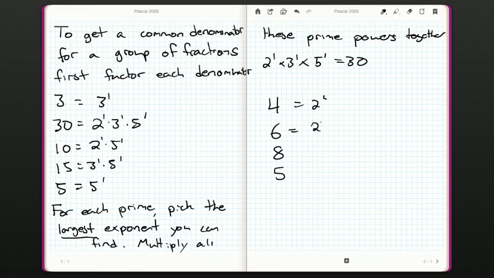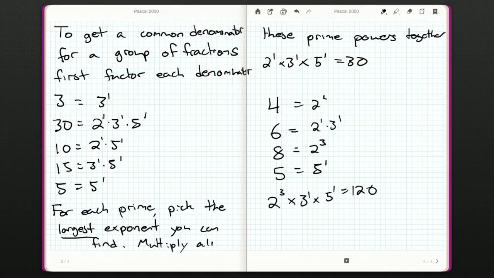We have 2 to the power of 2, 2 to the 1 times 3 to the 1, 8 is 2 to the power of 3, and 5 is 5 to the power of 1. Here we have some 2s, some 3s, and some 5s. So we take the largest power of 2 we can find, that's 2 to the power of 3, and then 3 to the power of 1, 5 to the power of 1. In this way, we get a number. I think we get 120.